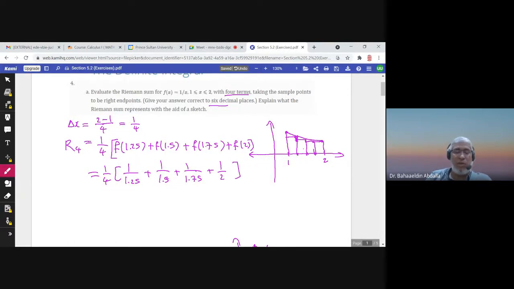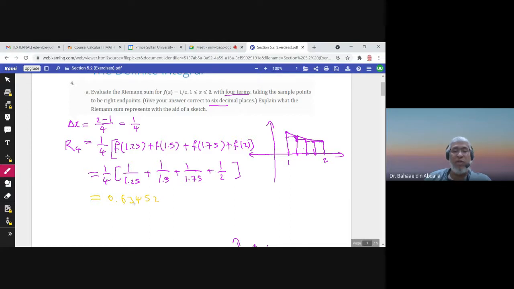So I can do at least one of them. I will do the first one for you to check your answer and to see how to put it to correct to 6 decimal places. So here the answer would be 0.6345.